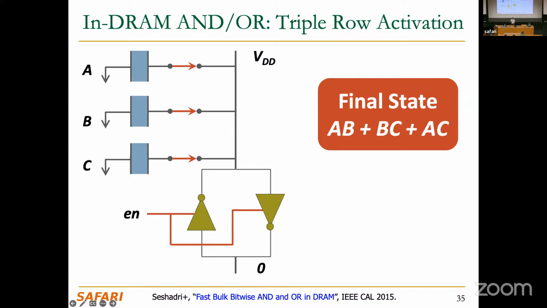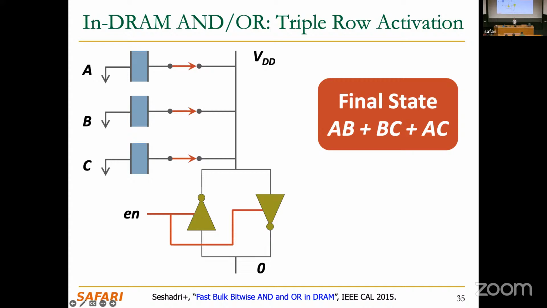In other papers, we have shown the error rates that you can achieve depending on different manufacturing processes, but most of the time we observe that you can achieve high accuracy with this type of computation. And there are techniques you can employ to further improve on this limitation, the fact that this sense amplifier here is not designed to drive 3 word lines at the same time.